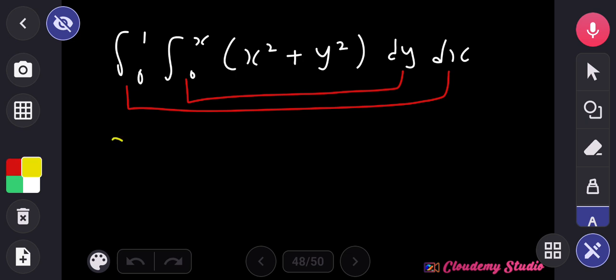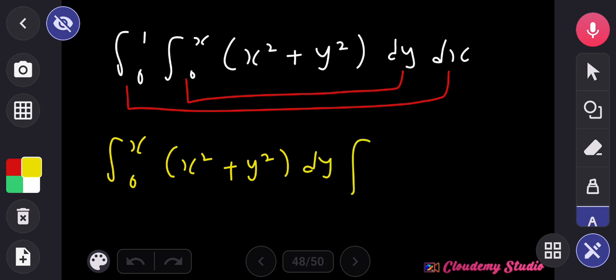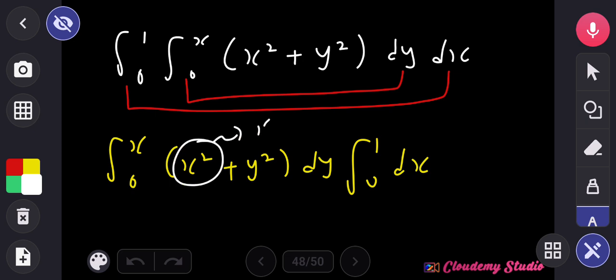Now, how am I going to do that? I'm going to integrate, upper limit x, lower limit 0, of x squared plus y squared dy. Then I'm going to integrate from 0 to 1 with respect to x. So the first one I'm doing is this with respect to y. Since it is with respect to y, I have to understand that this x squared is the same thing as x squared y raised to power 0.